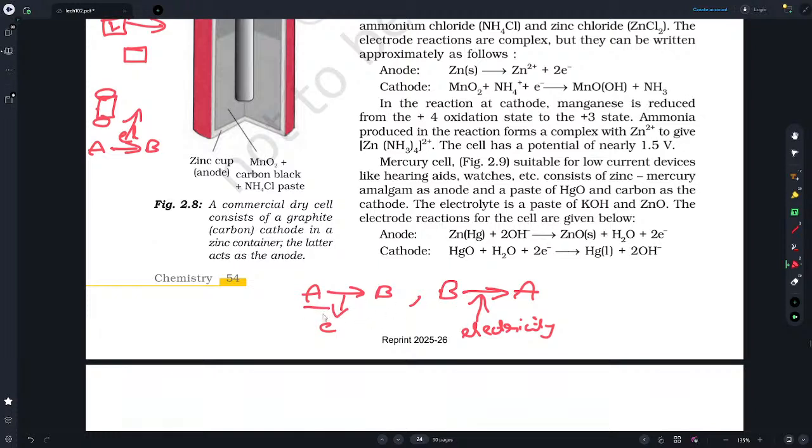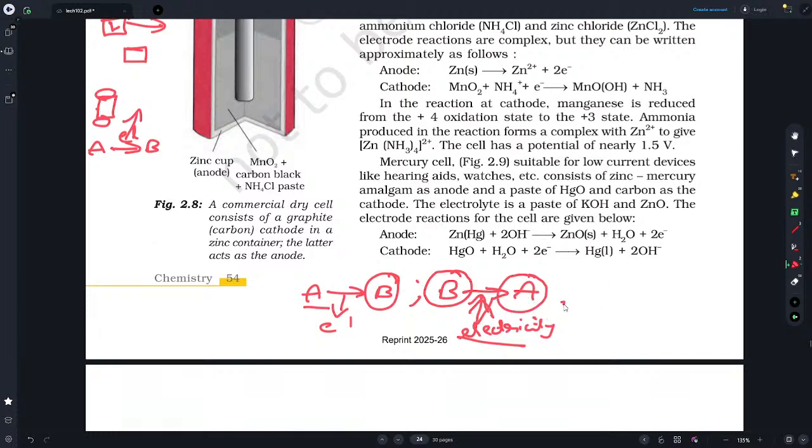The first A chemical will undergo the reaction and give out electricity, and after completely giving out electricity, all the chemical in the cell will be converted to B. This B chemical, if we charge the cell again by giving it electricity, should undergo a reverse reaction to A chemical.